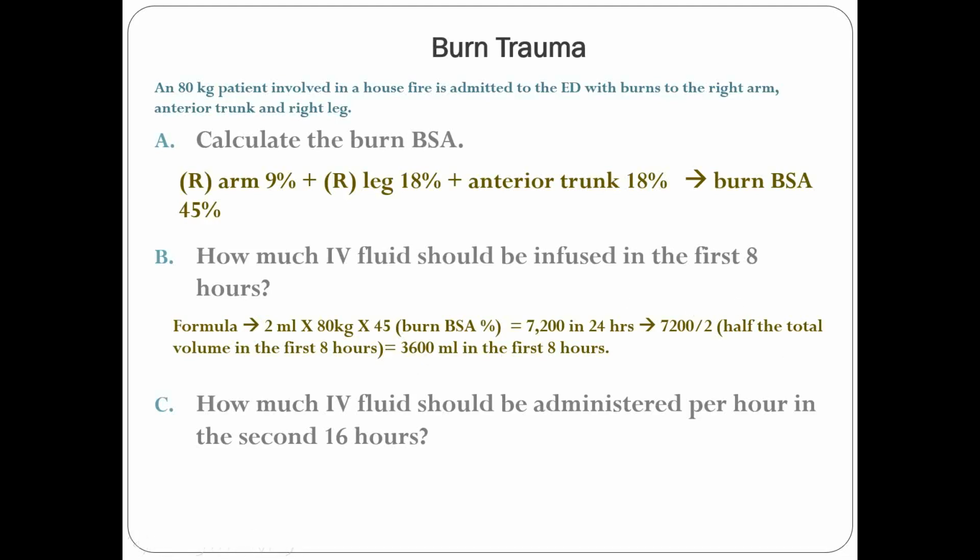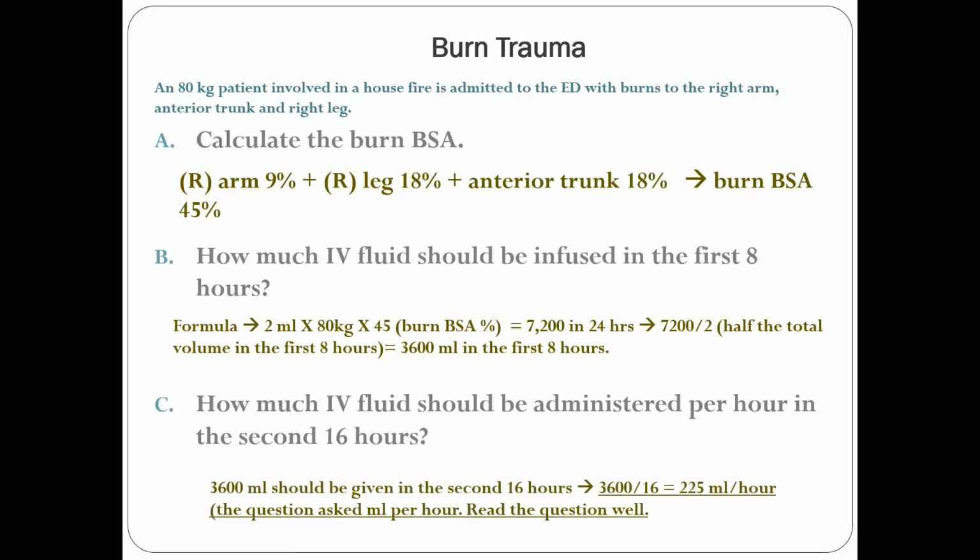Our last question is how much IV fluid should be administered per hour in the second 16 hours. So let's look at that math. We've already calculated that the patient needs 7,200 in 24 hours, and half is given in the first 8 hours, which means 3,600 mils, so 3,600 mils is going to be given in the second 16 hours.